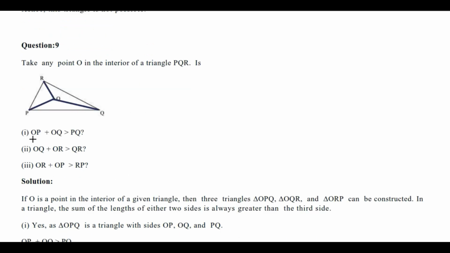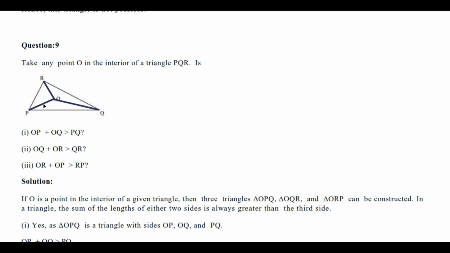Now you have to see OP plus OQ. OP, this is OP, then OQ is definitely greater than PQ. Yes or no? Yes, because this is a triangle. OP plus OQ is definitely greater than PQ because OPQ is a triangle.